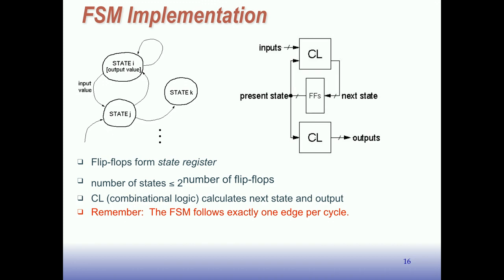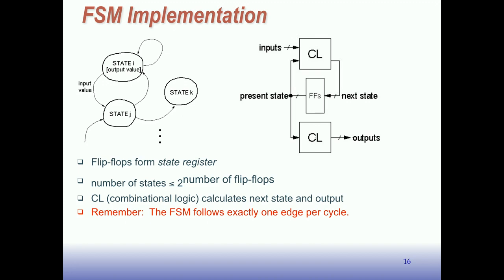Then we have some combinational logic that takes the current input and the value of the present state, does a little calculation, and calculates what the next state should be to accurately reflect the behavior that we've specified in the state transition diagram. Likewise, we have another combinational logic circuit here, which is a map from state to output. For each state, we have a circuit that figures out what the output should be. And this is combinational logic too.